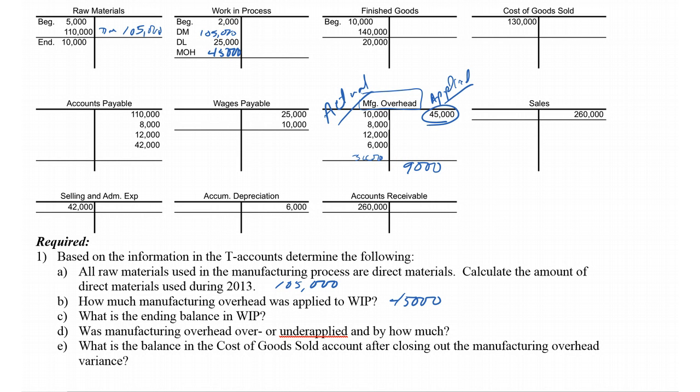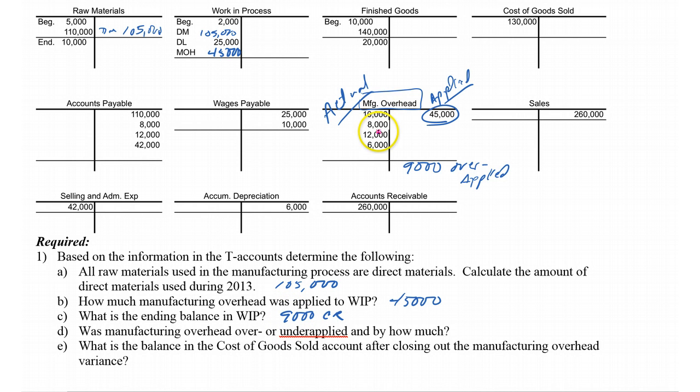When we have a credit balance, it means that our overhead is over applied, because it means we put too much overhead to our products. We allocated too much overhead to our products than what we really had. So the ending balance is a 9,000 credit.